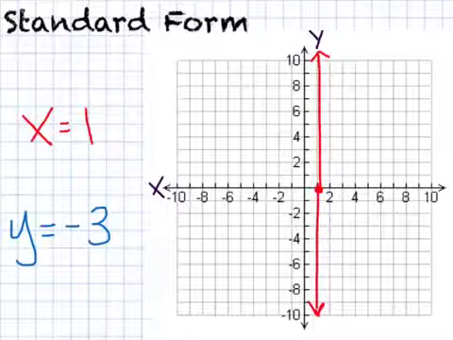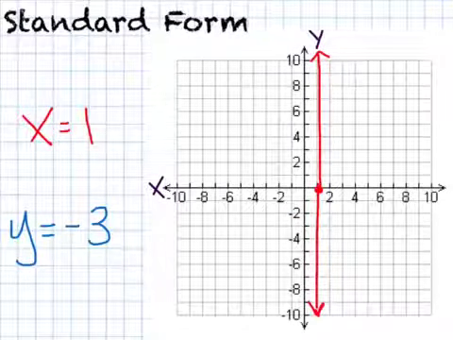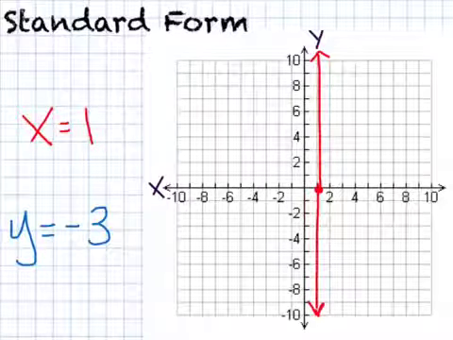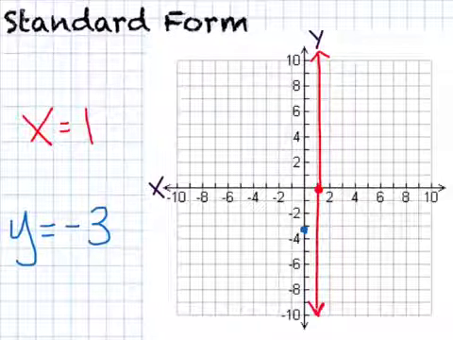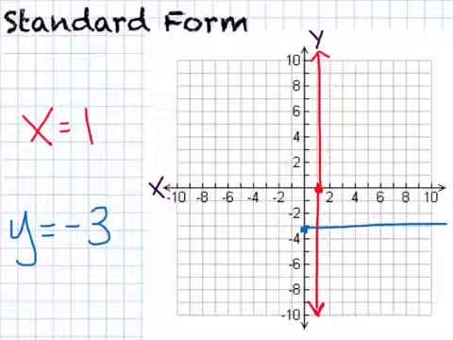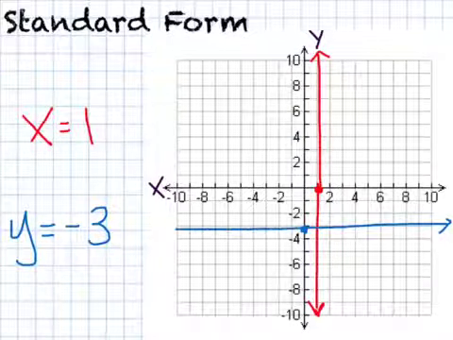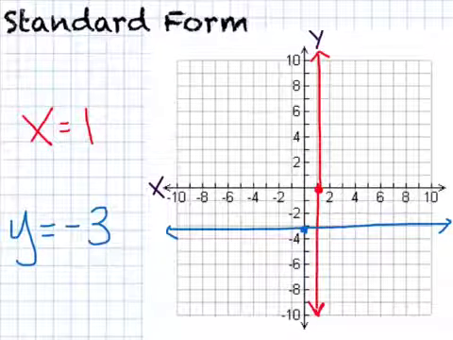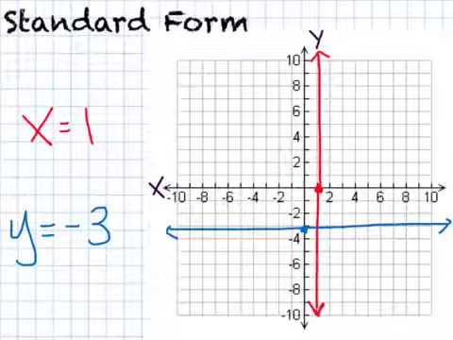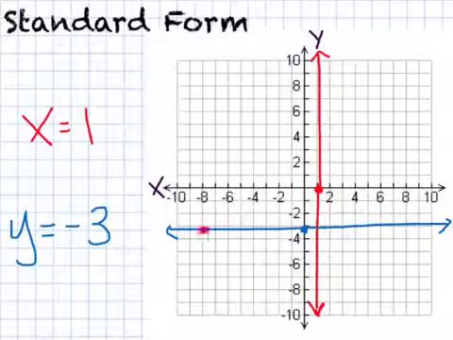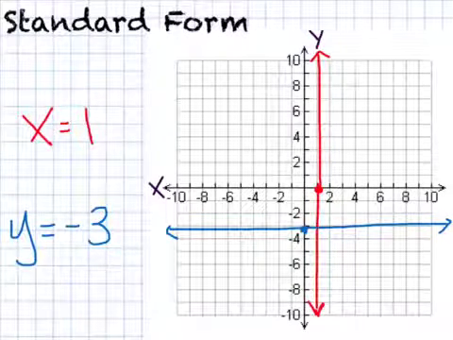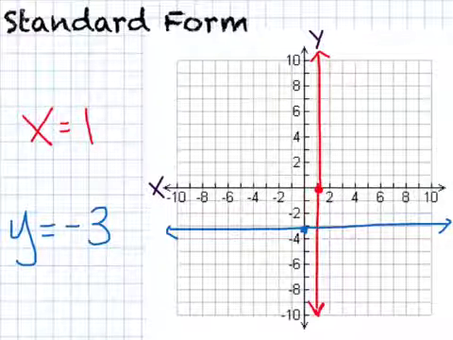So we go down here to negative 3, and it will be a horizontal line like that, because no matter what the value of x is, y is always going to be at negative 3. So that's just something important to remember.